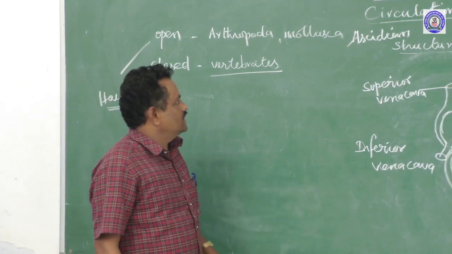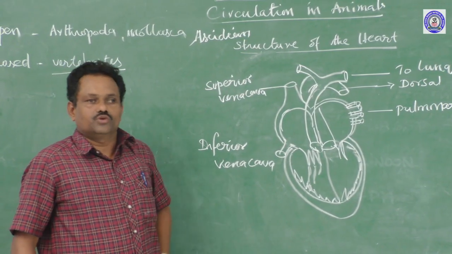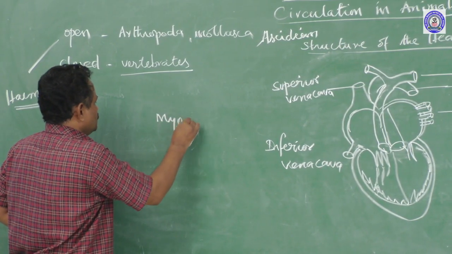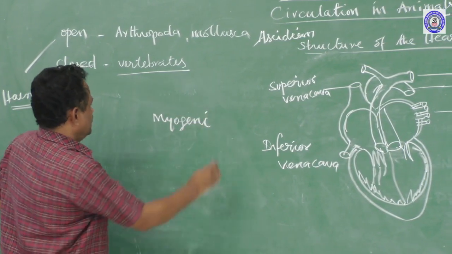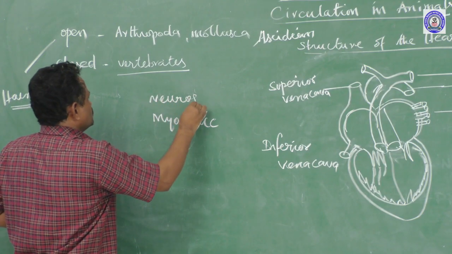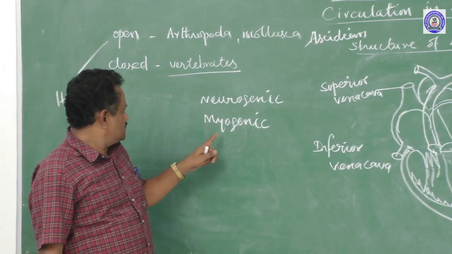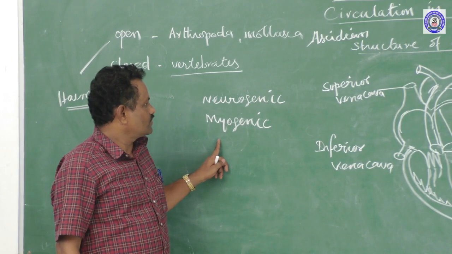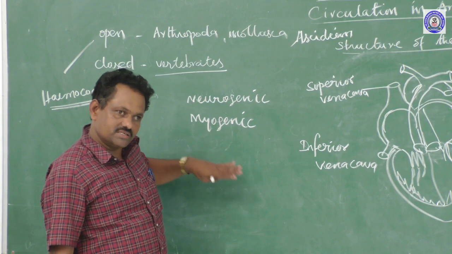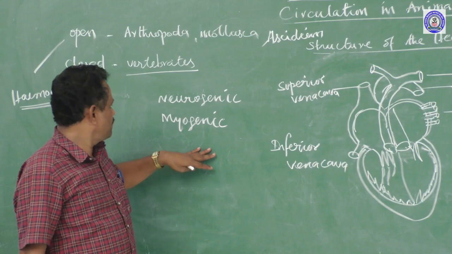The next one is the heart. In human beings, the heart is called a myogenic heart. In lower organisms, the heart is called a neurogenic heart. In human, it is a myogenic heart because the heartbeat is initiated by a strip of muscle which is located inside the heart.